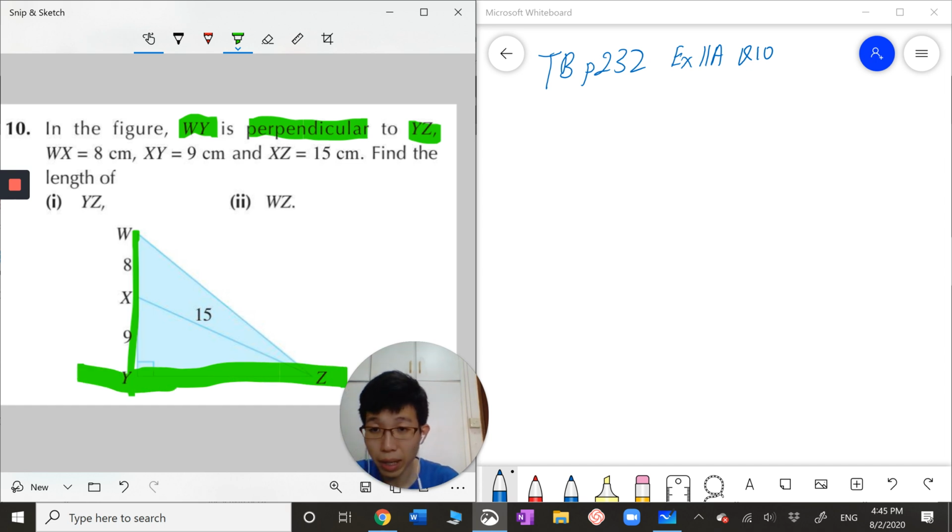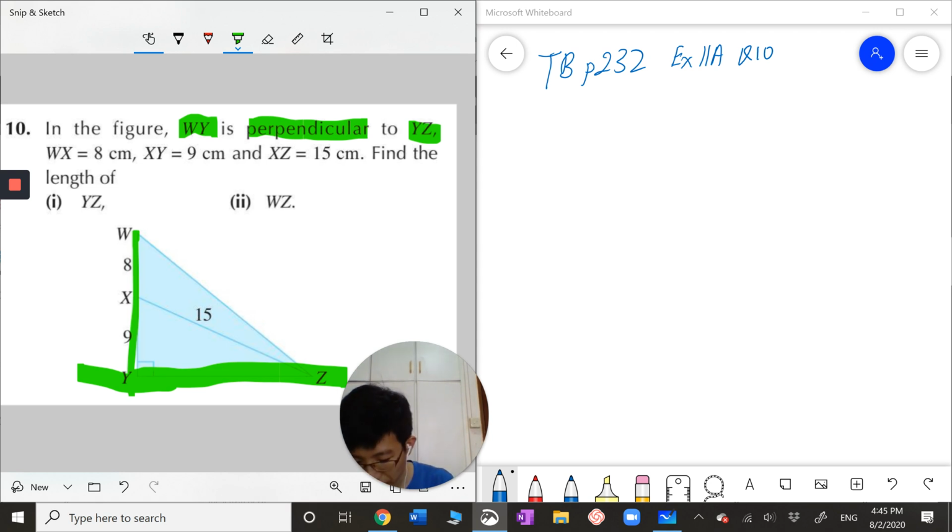That's why there's a right angle here. And WX is 8 cm, XY is 9 cm, and XZ is 15 cm. Find the length of YZ and WZ.